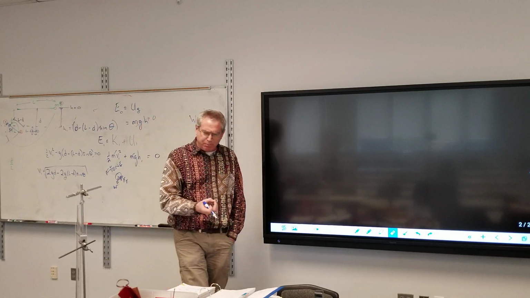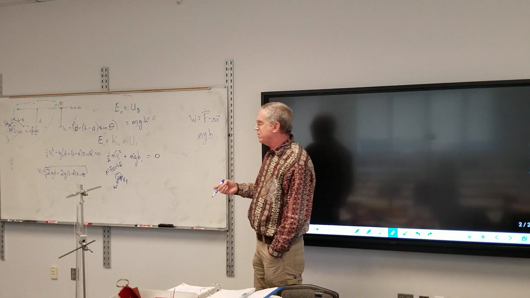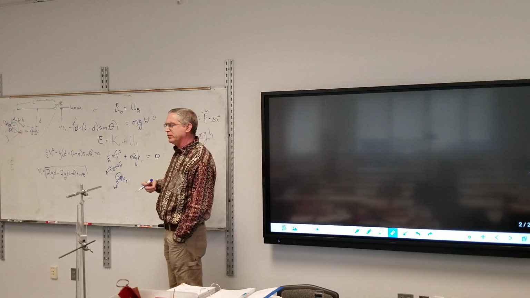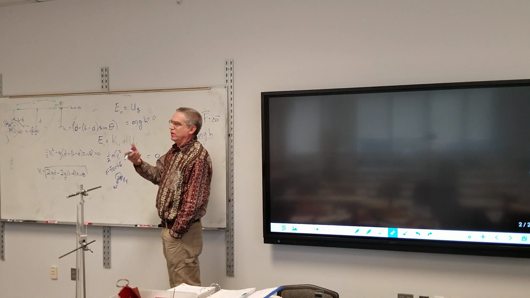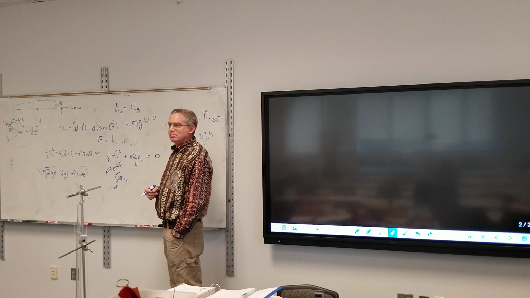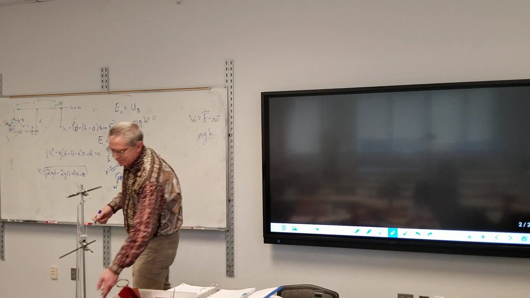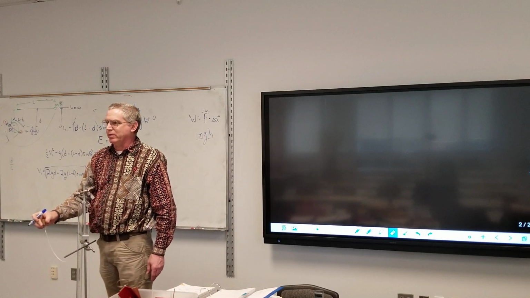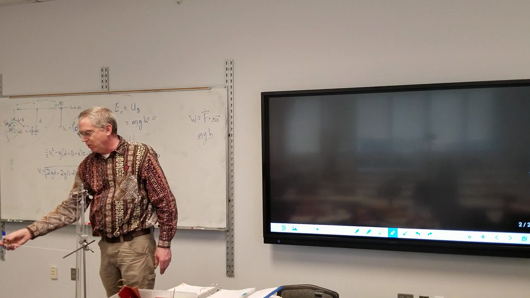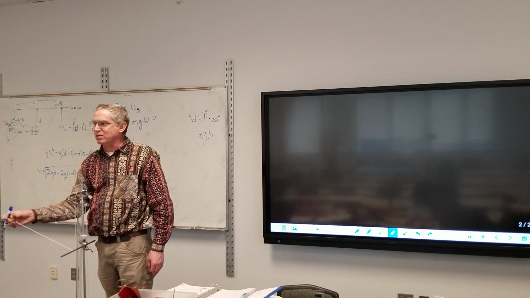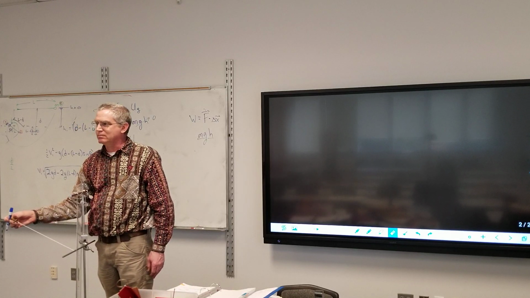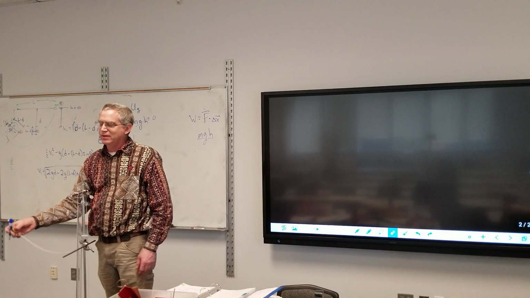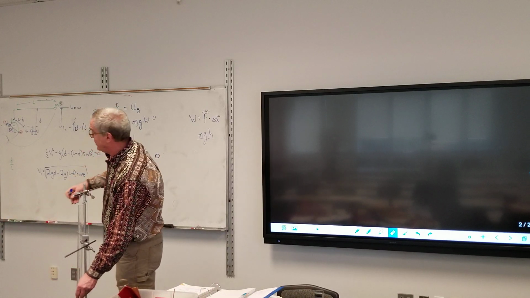Now, since that's the point at which the rope is suddenly going to become slack, what is the tension equal to? Or close enough for physics? After it passes that point, it's like this. What's the tension at that point? 0. Very, very close to zero. Yeah, good enough for physics.